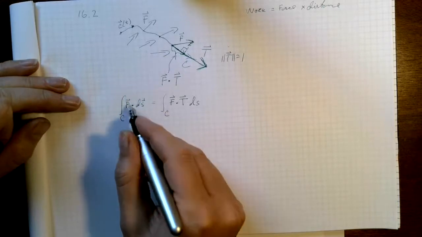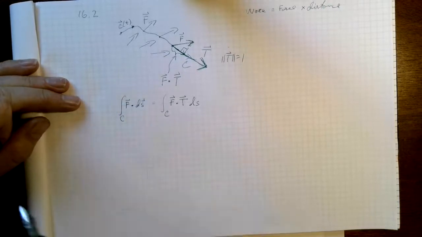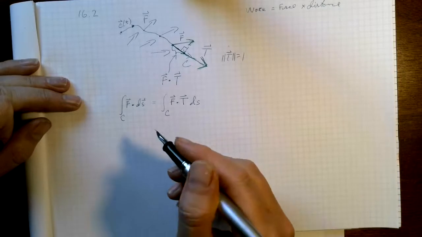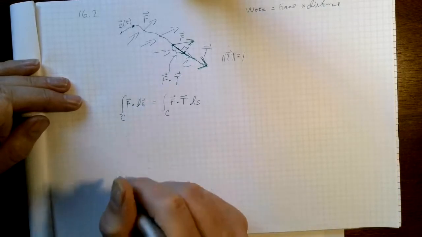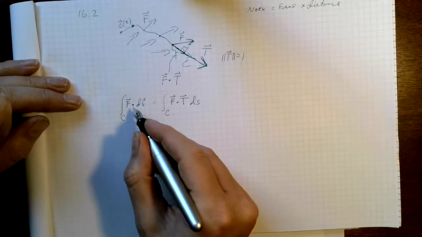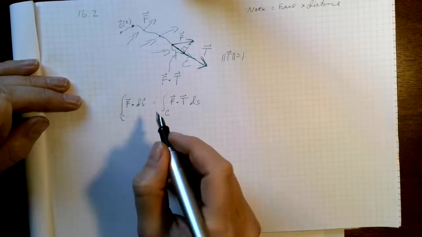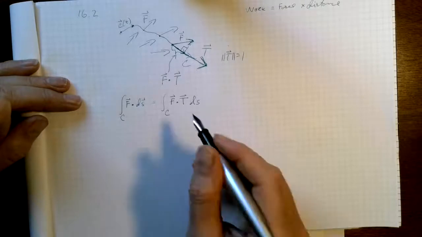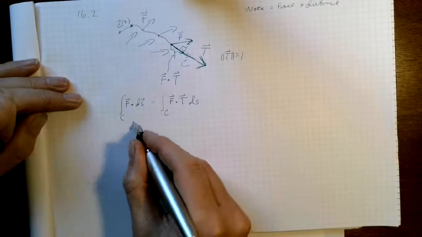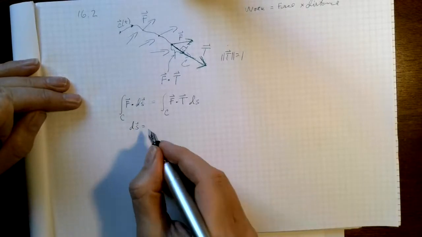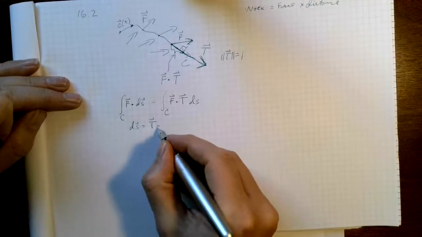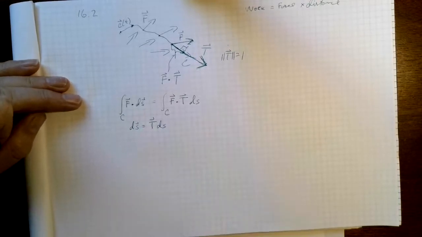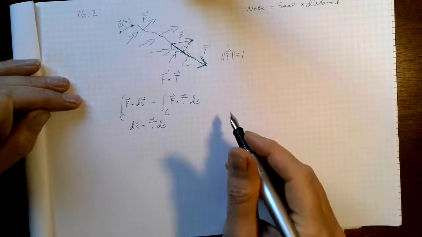We're drawing arrows, but in the book it's bold letters, so it's a bold little s over here, and this is a dot product. So d bold s is really the tangent vector times ds.